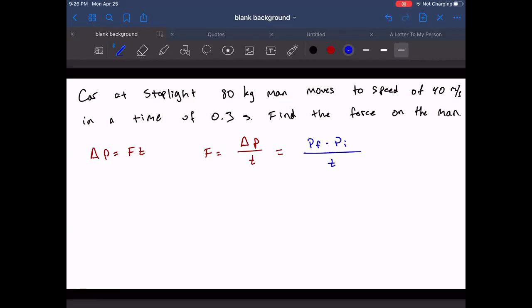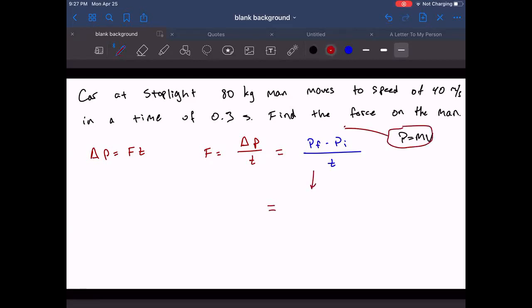What do you think the next step is? I'll give you a hint. What would this new equation be if I substitute?